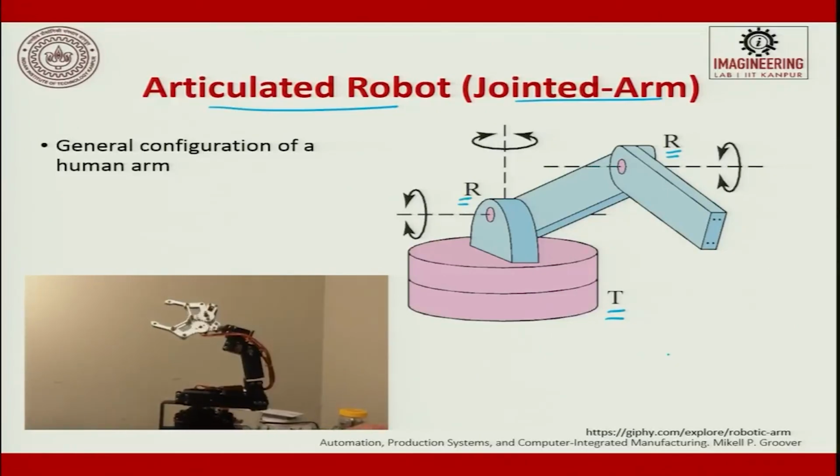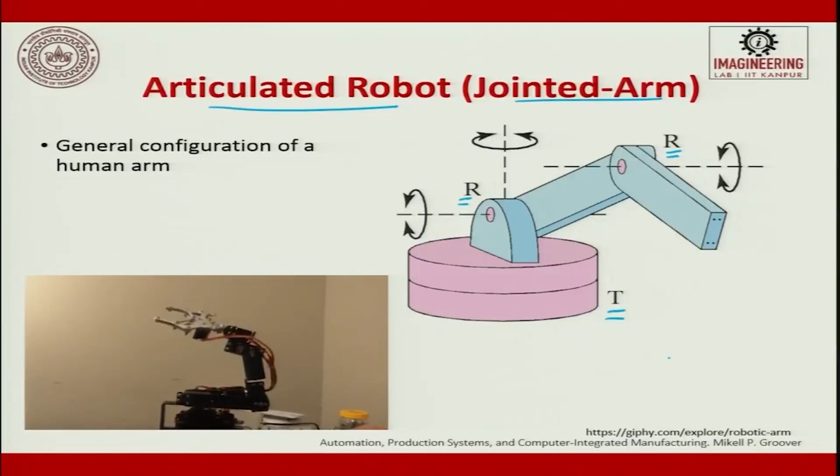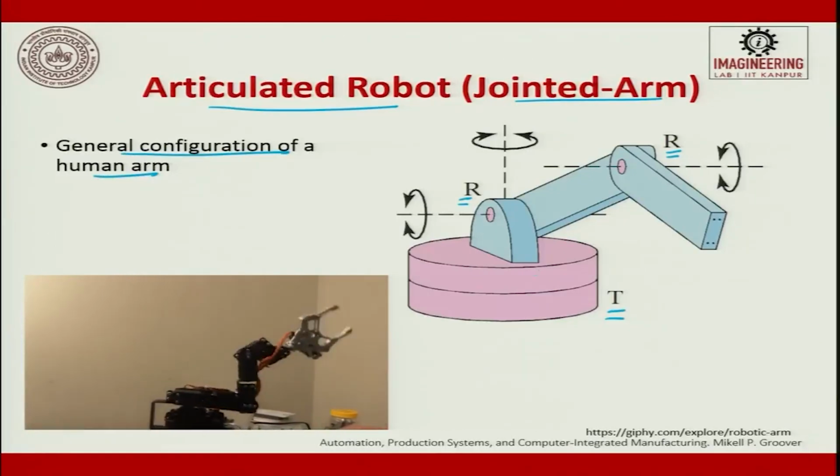So, this is twisting. You can see one rotation happening here, this is twisting around here, and then you will have one more rotation. So, this is an example of an articulate robo. This general configuration is like a human arm. So, what a human arm can do, this also can do.